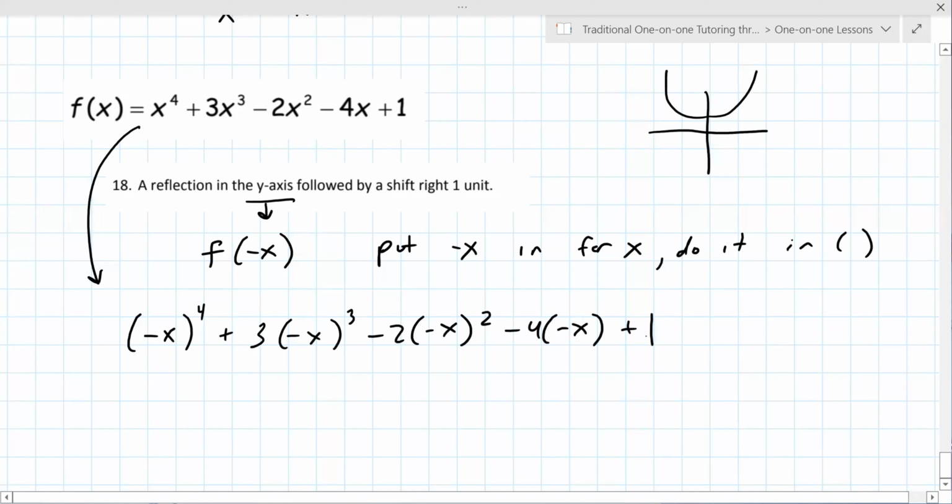Okay, and as a reminder here, minus x to an even exponent is always x, minus x to an odd exponent is always minus x. So the first one becomes x to the fourth. I'm just dealing with the sign, because the next one becomes minus 3x cubed, because the minus effectively comes out.